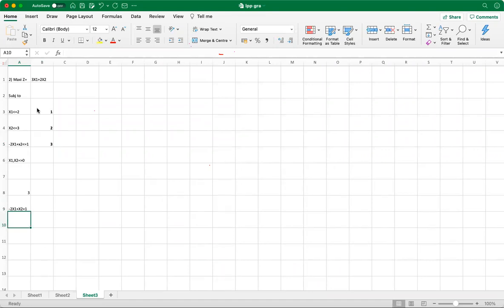So when I assume x1, x2, when I assume this to be 0, what is the value of this? It is going to be 1. When I assume this to be 0, what is the value of this? Minus half. Correct?